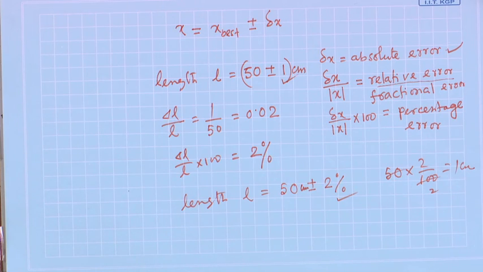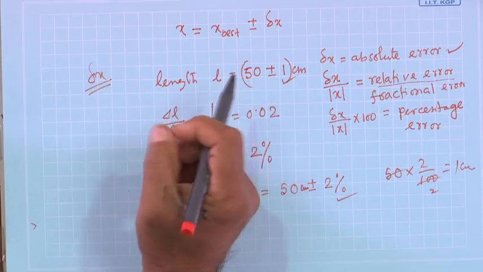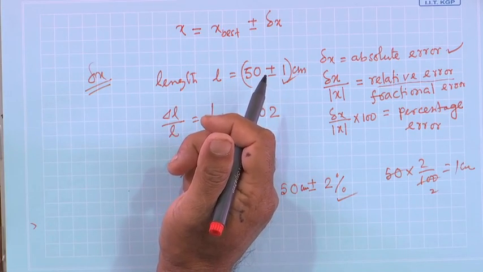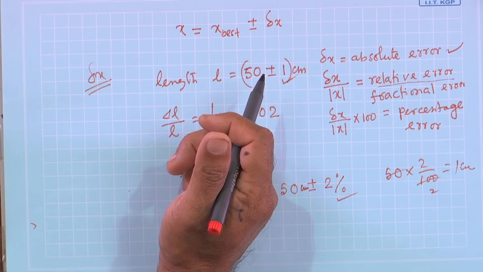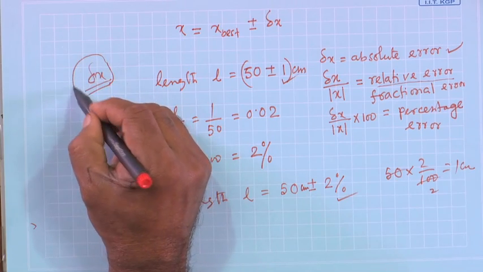This is the way we present our final result. Now the next question is how to find out the delta x, and what is the origin of this delta x.